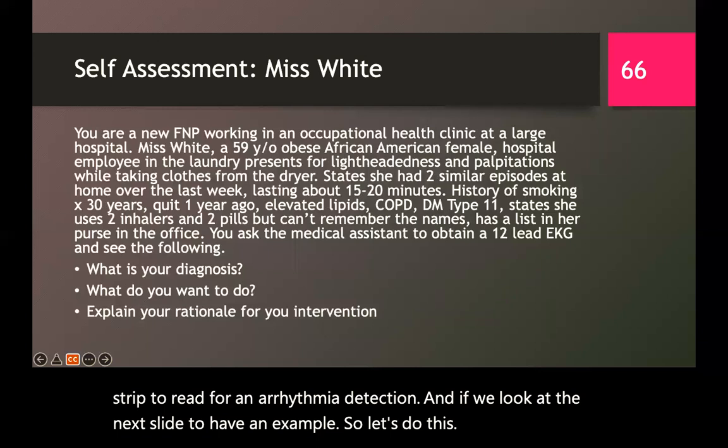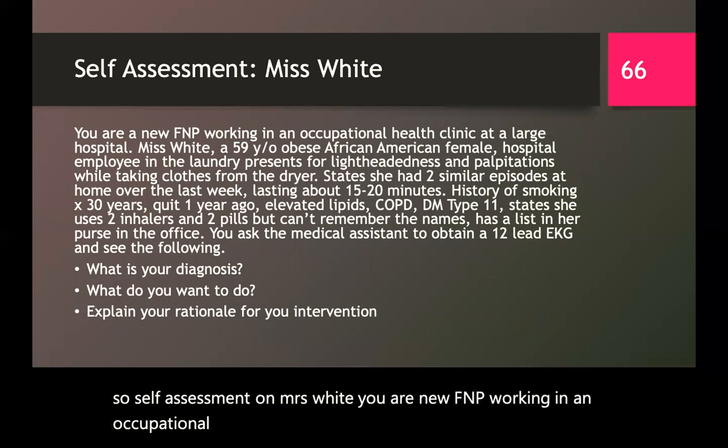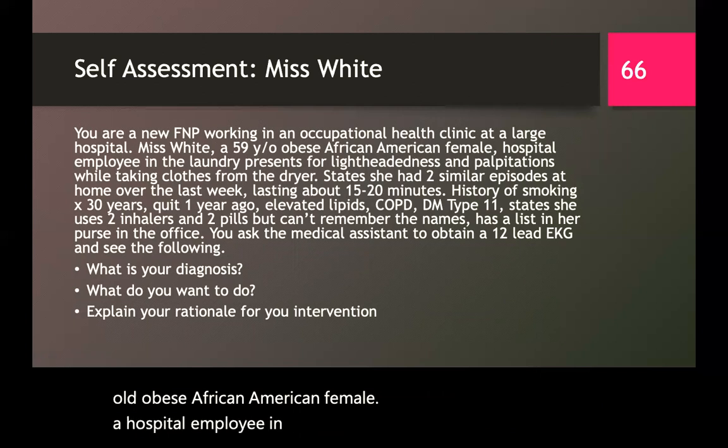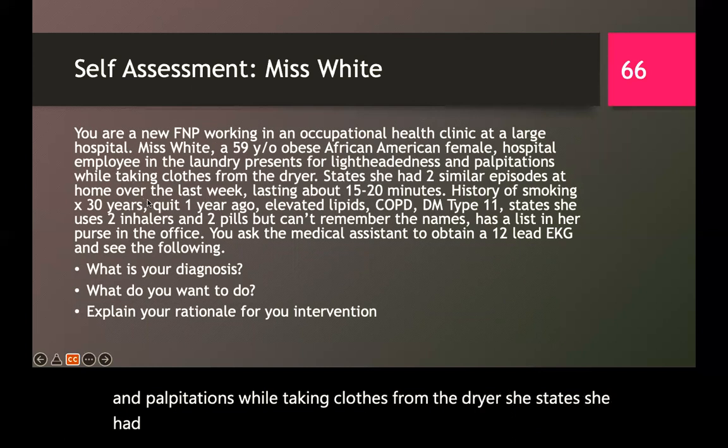Okay, self-assessment on Mrs. White. You are a new FNP working in an occupational health clinic at a large hospital. Mrs. White, a 59-year-old obese African-American female, a hospital employee in the laundry, presents with lightheadedness and palpitations while taking clothes from the dryer. She states she had 2 similar episodes at home over the last week, lasting about 15 to 20 minutes.